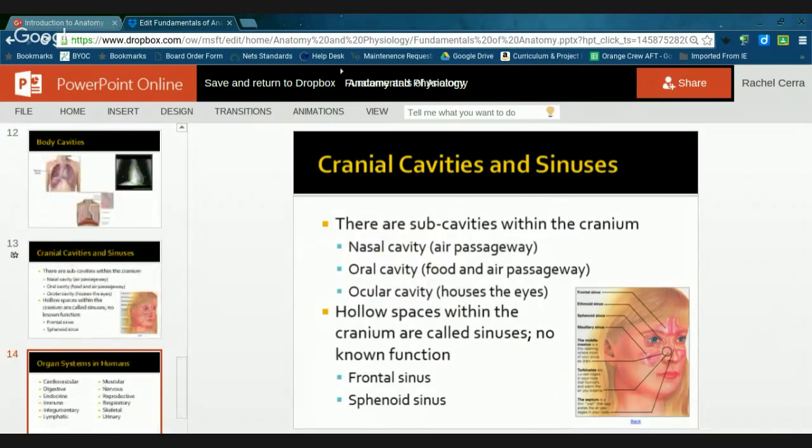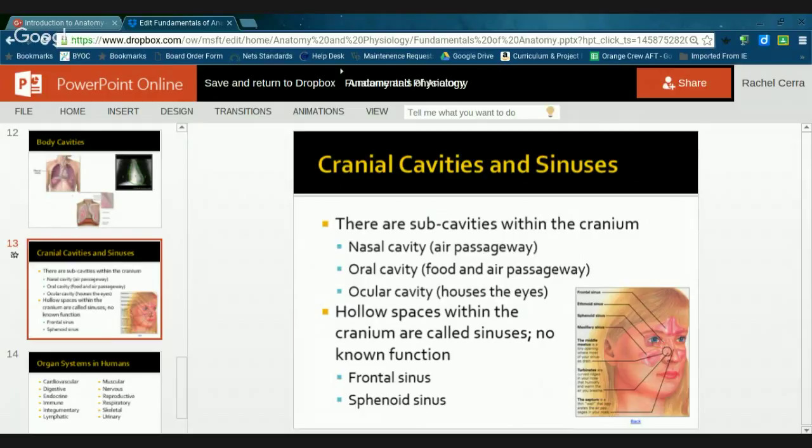All right. Last thing that I'm going to go over today are the cranial cavities and sinuses. Just like we've been going over everything else, there are some subcavities here in the cranium.